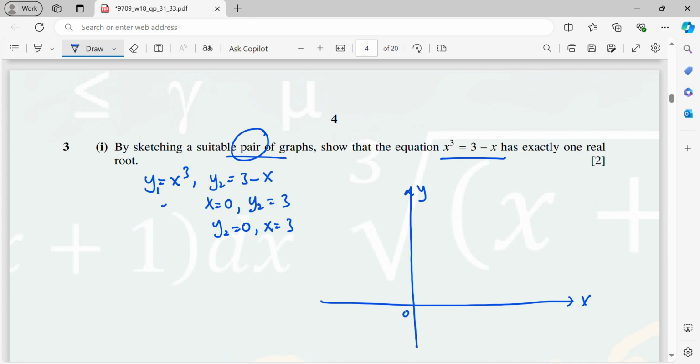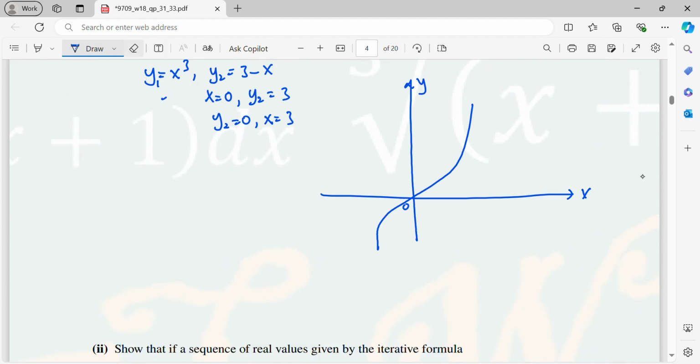So y equals x cubed, the basic shape is this. This is y equals x cubed. So I will just sketch. Okay, this is y equals x cubed.